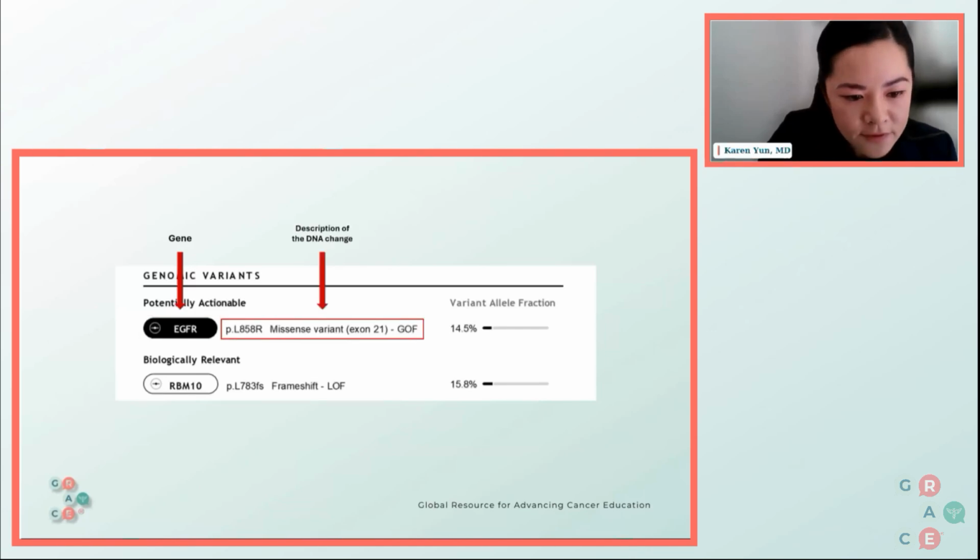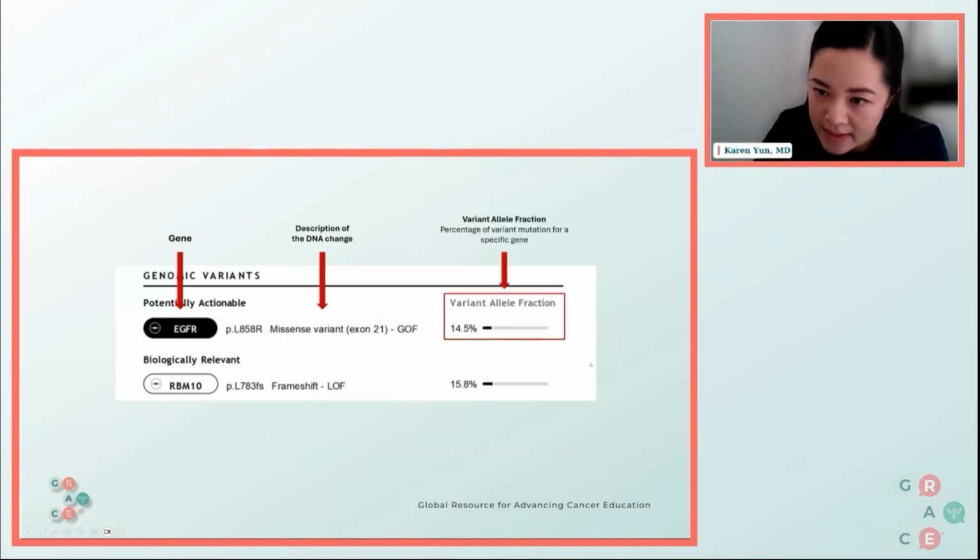So after that, what we can see here is that this report is describing the kind of DNA change that we're seeing in the EGFR gene. So here it's indicating that it's an L858R mutation in the EGFR gene.